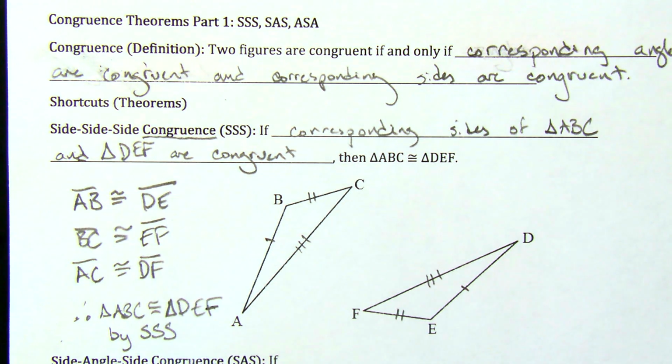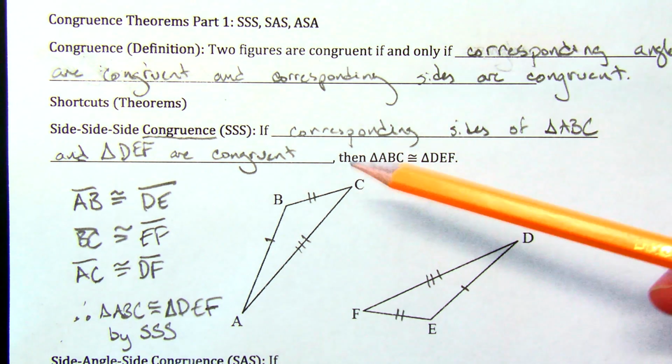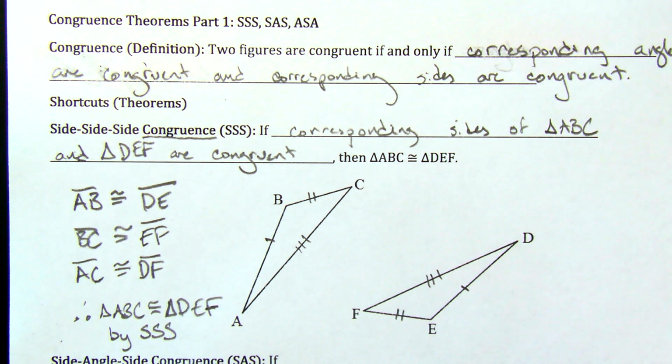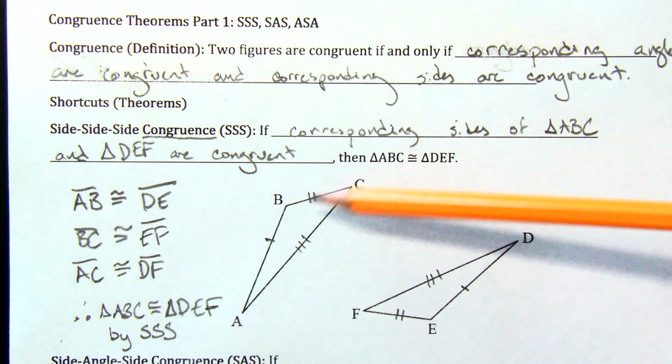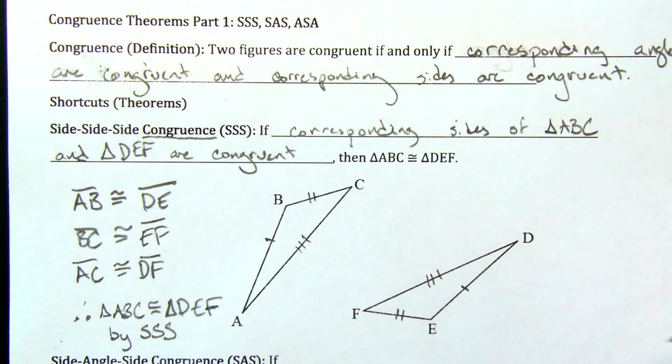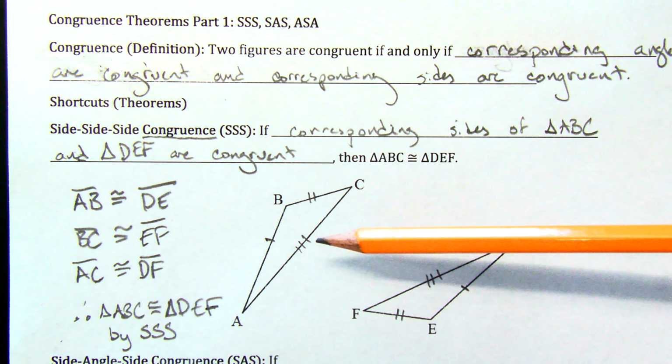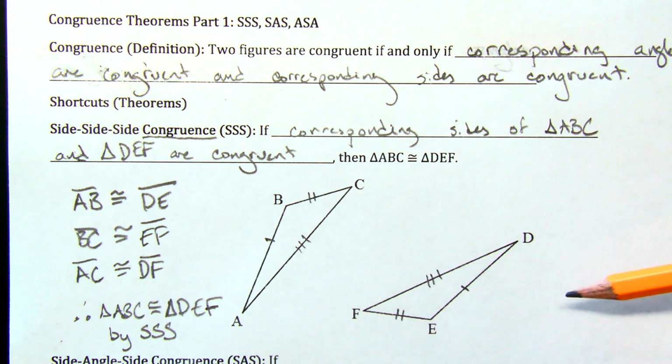Okay? So again, just like with similarity, it turns out that we don't need to know that all the sides and all the angles are congruent. It's enough to know that all the sides are congruent. Right, so that's side, side, side.